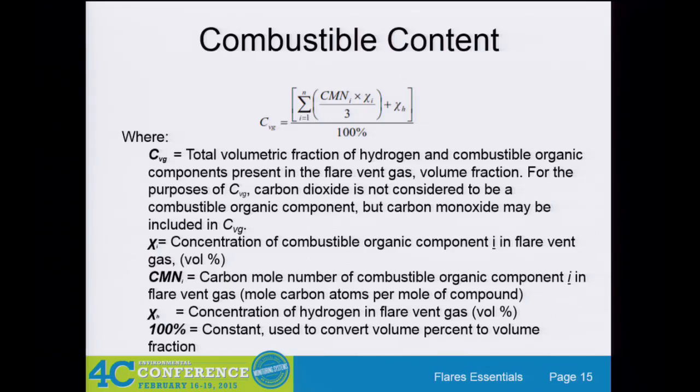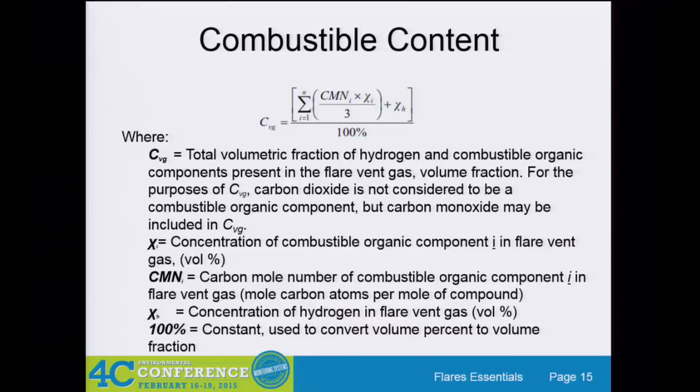So we'll spend a little more time on this combustibles content. Basically it's taking all the carbon species that you have, and it's basically a carbon count. So you're using all the compounds with this carbon mole number, and you're saying, I have so many carbons up there.